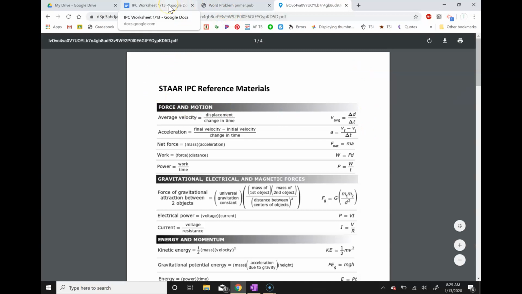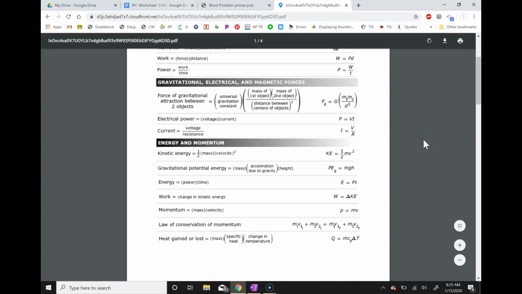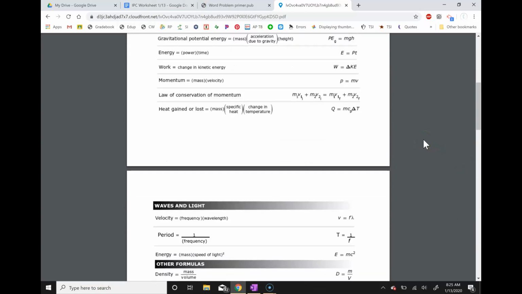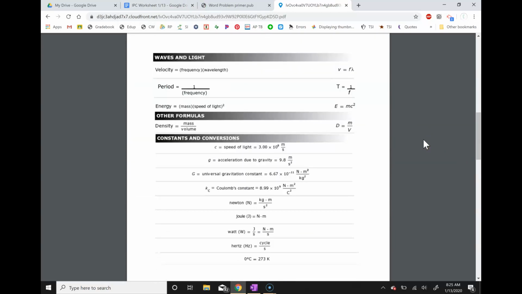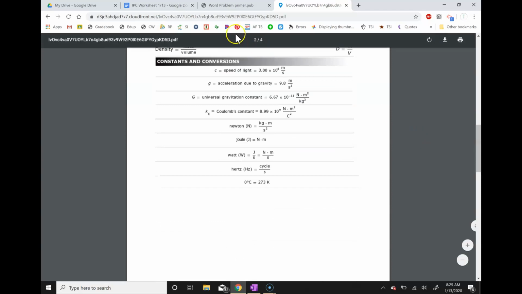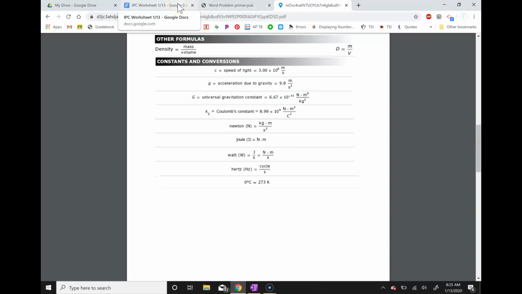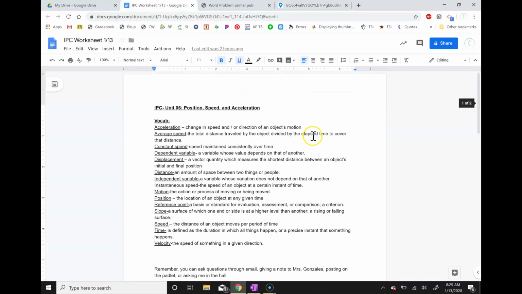However you want to do it, just make sure that you have these formulas. We will be going over all these formulas, so don't let this big old list scare you. We will work through all of these together. This is just kind of a reminder for you.